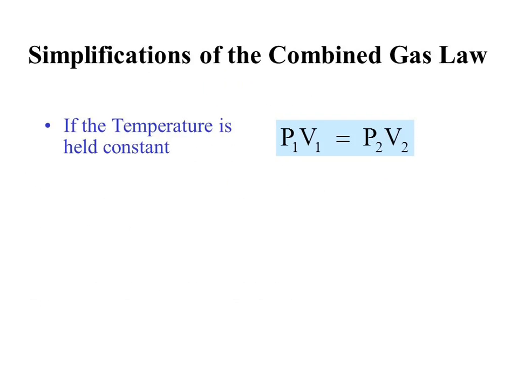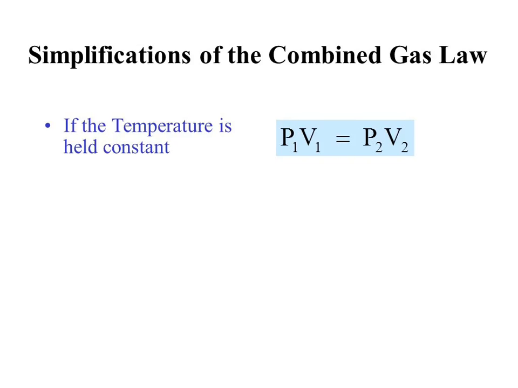Okay, the most common one is, like I said, you have state 1 and state 2, and you're not going to let any gas in or out, so holding N the same. And sometimes, if you hold the temperature the same, looking at the combined gas law, you're dividing by the same number.